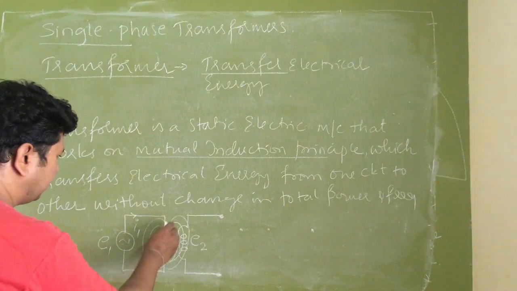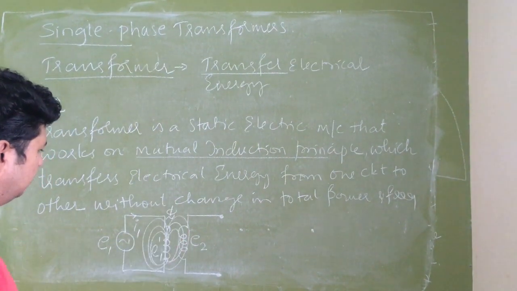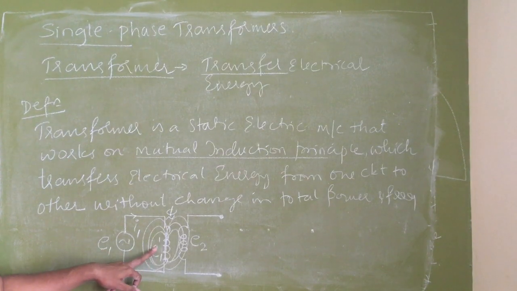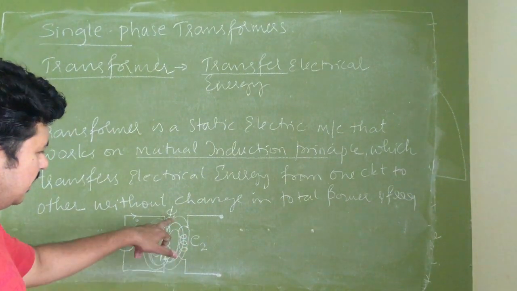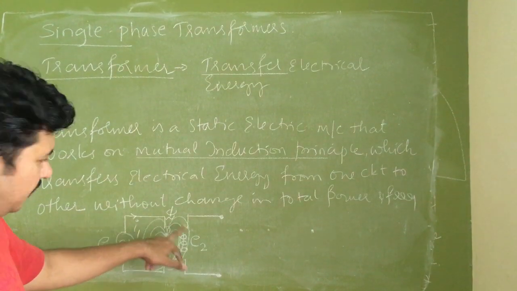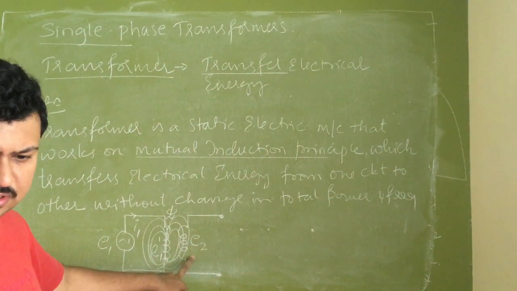Because the flux phi which is created by this current I1 is linking to the second coil also. So this second coil is also experiencing a change in flux. Therefore an EMF has to be induced in the second coil.